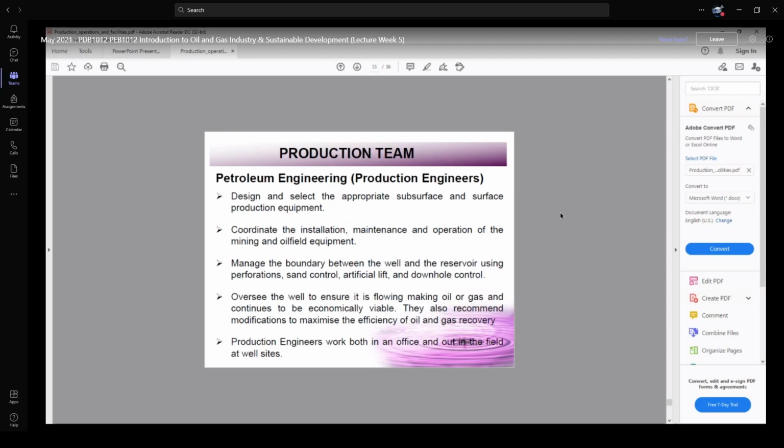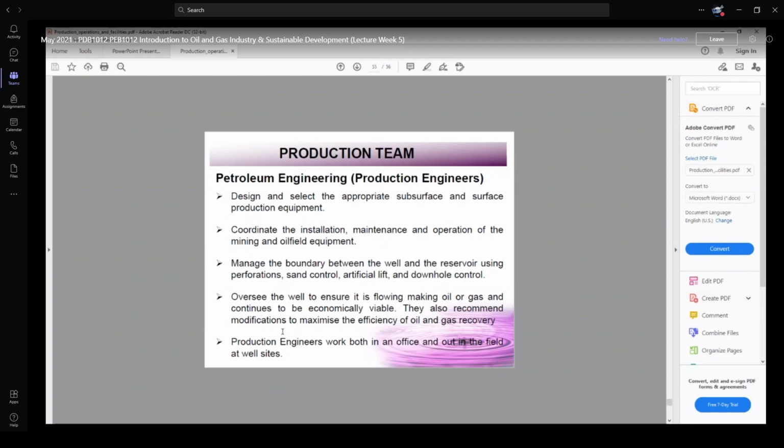They are responsible to manage the boundary between the well and the reservoir using perforation, sand control, artificial lift, and downhole equipment. They are responsible to oversee the well to ensure it is flowing, making oil or gas, and continues to be economically viable.